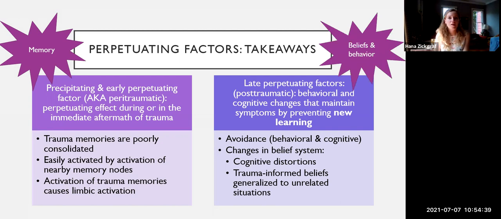Changes in the belief system are a later perpetuating factor. These are both behavioral and cognitive changes that help to maintain symptoms by preventing new safety learning. People naturally in the aftermath of the trauma may overgeneralize the trauma, but when they avoid resuming their activities and getting back into the world, that overgeneralization persists.